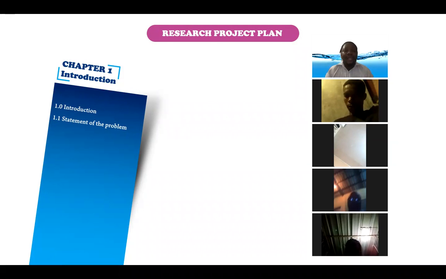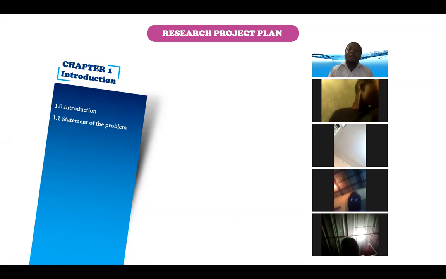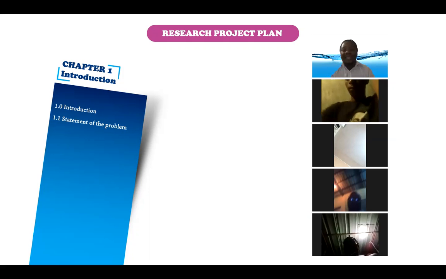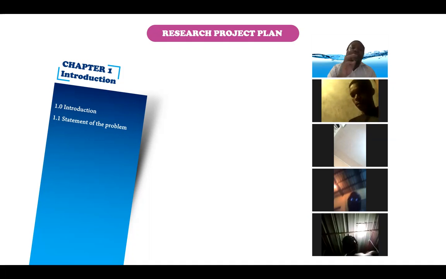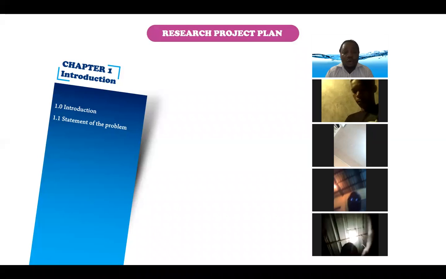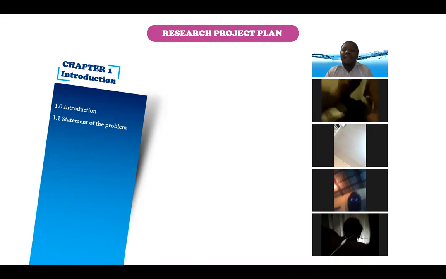So you need to say the problem we have noticed, or the problem I have identified, or the researcher has identified. Mind you, you need to use the third person, the researcher, right? The problem that the researcher has identified is that children are not acquiring basic numeracy and literacy skills, which is going to affect the development of the society.